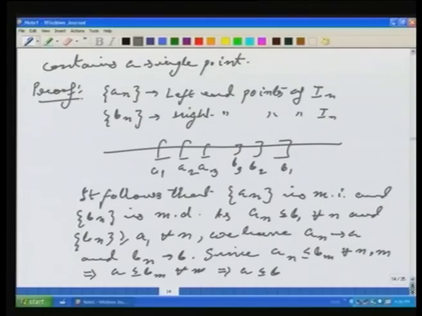Okay. If I can somehow show that A is equal to B, then I am through. Here the role is played by the fact that the distances are going to 0. So, let us try to see why.